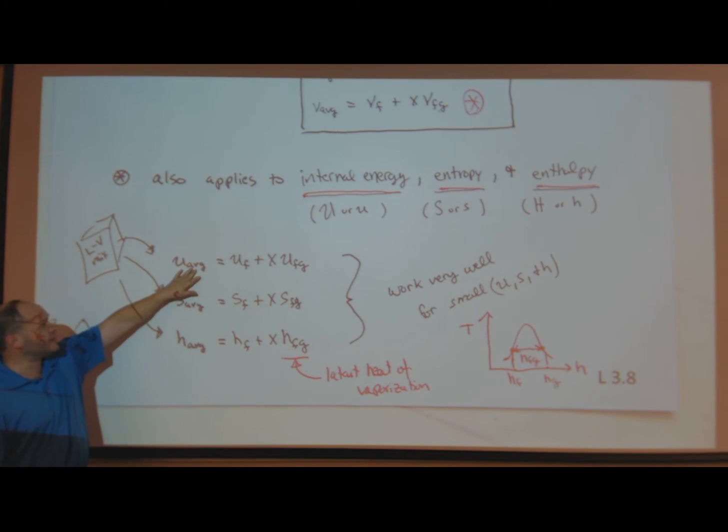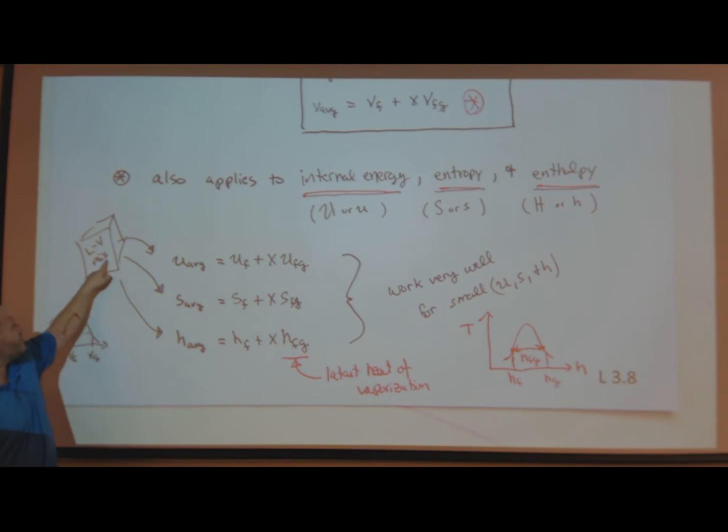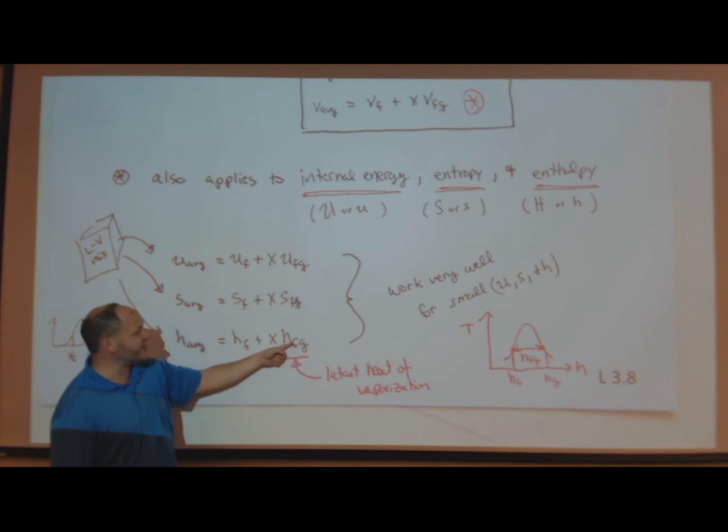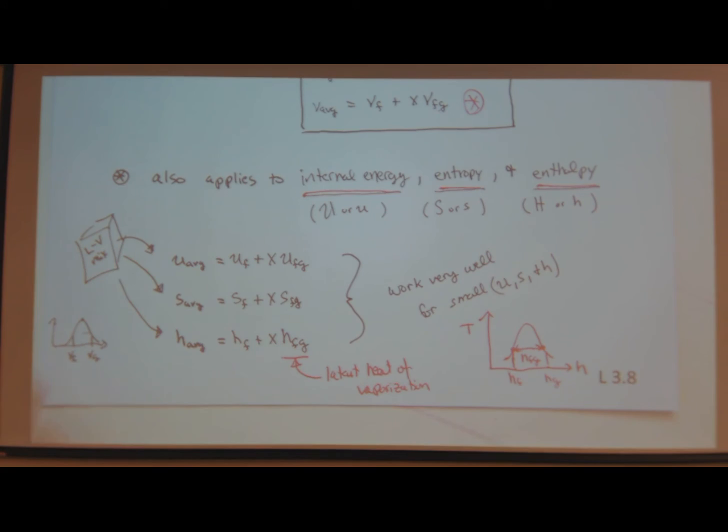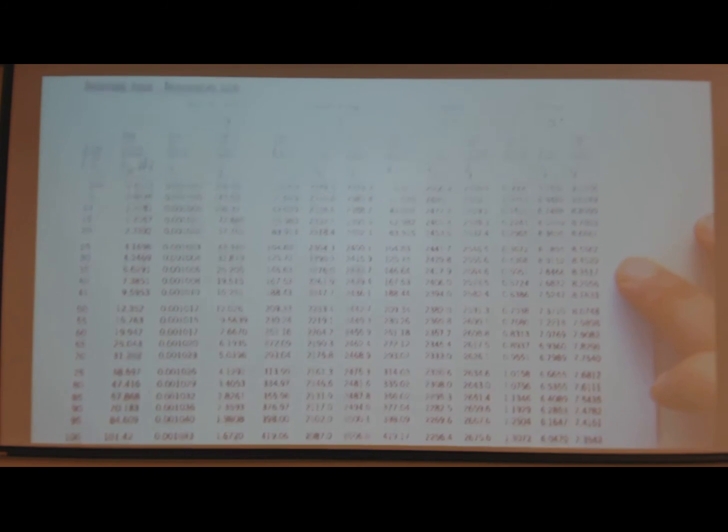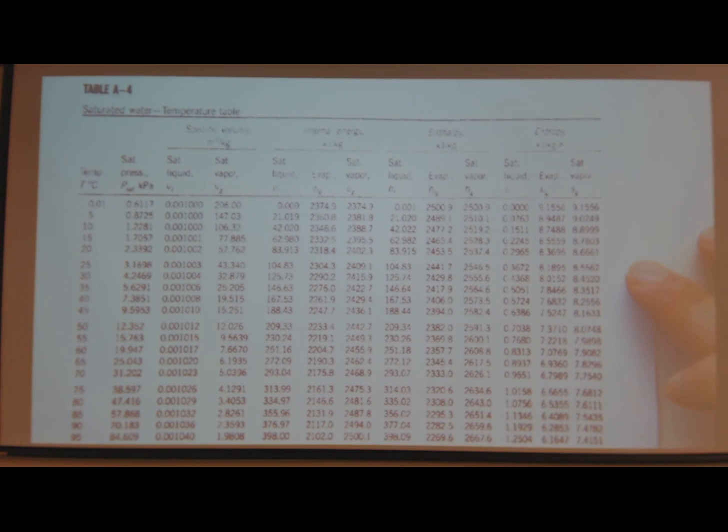So for a liquid vapor mixture, we can define the average internal energy within my control volume, the average entropy of a mixture, and the average enthalpy of the mixture, and we can write these in terms of these values. So now I'll go to the appendix in the back of the book, table A4.